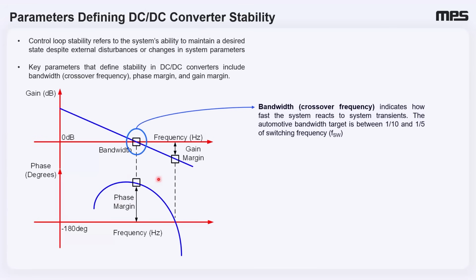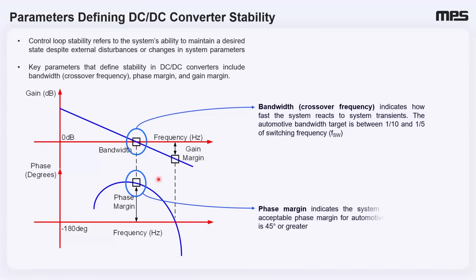So first, let's start with bandwidth. The bandwidth indicates how fast the system reacts to system transients. For typical automotive applications, the bandwidth target is between 1/10 and 1/5 of the switching frequency. Second, phase margin. Phase margin indicates the system stability.